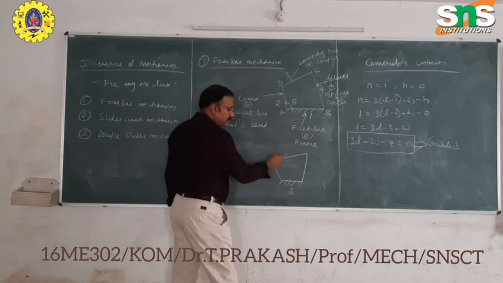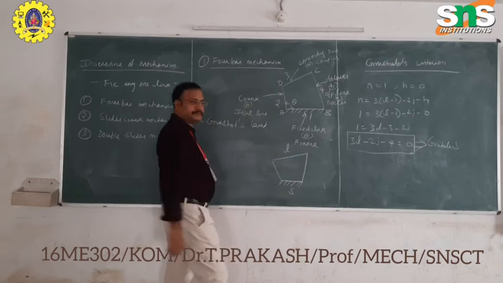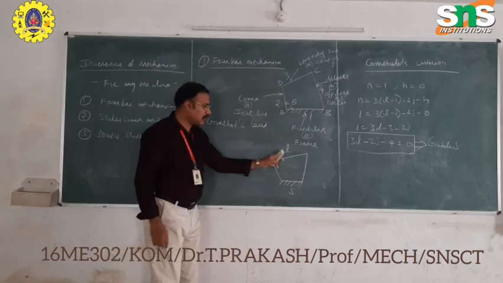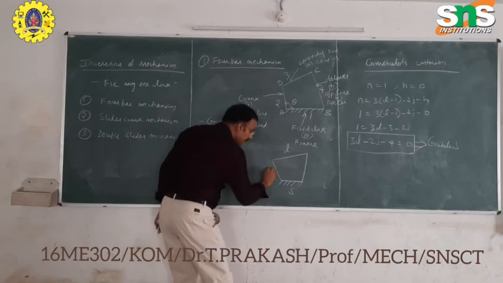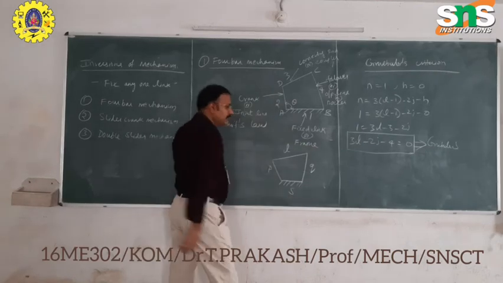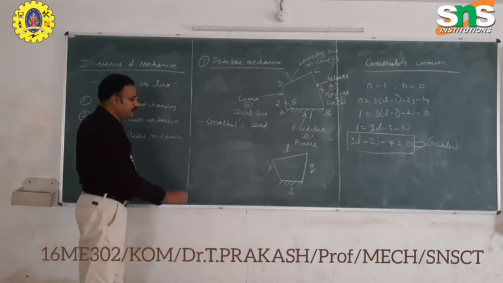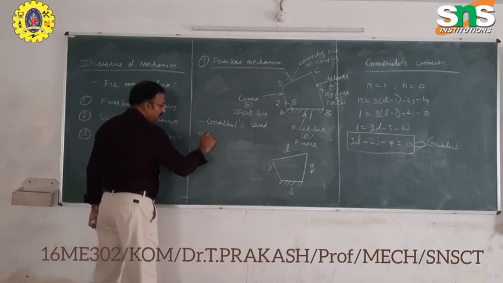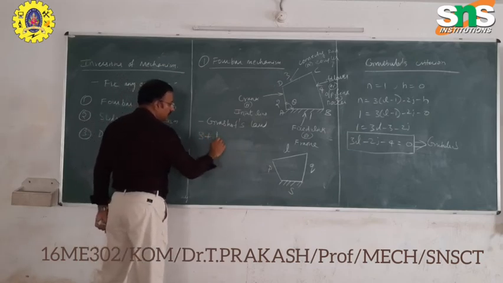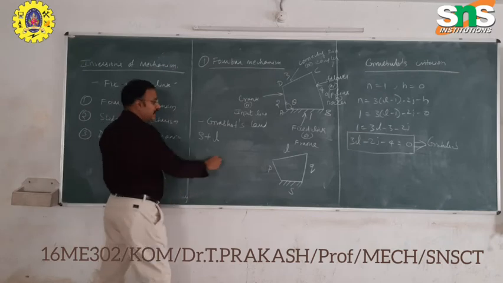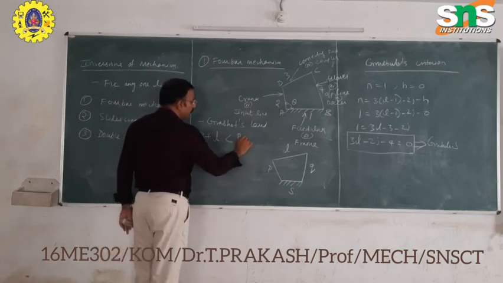Sum of the shortest and longest; this is the longest link. The sum of the shortest and longest link should not be greater than the other two links. The other two links are taken as P and Q. Grashof defines that the sum of the shortest and longest link should be less than the other two links.